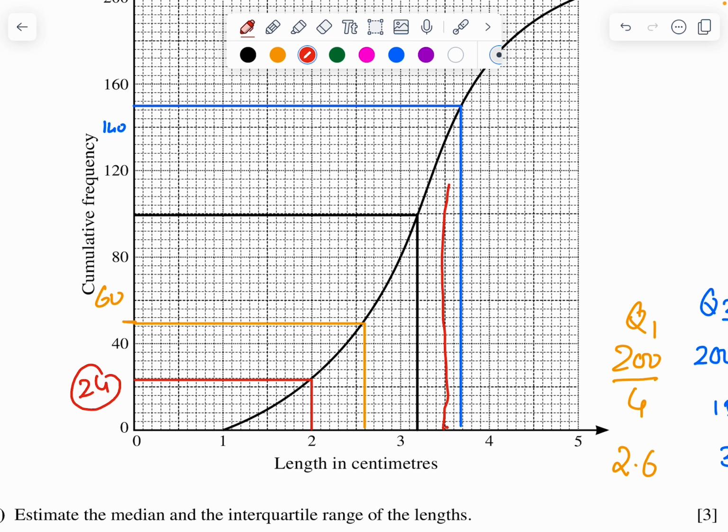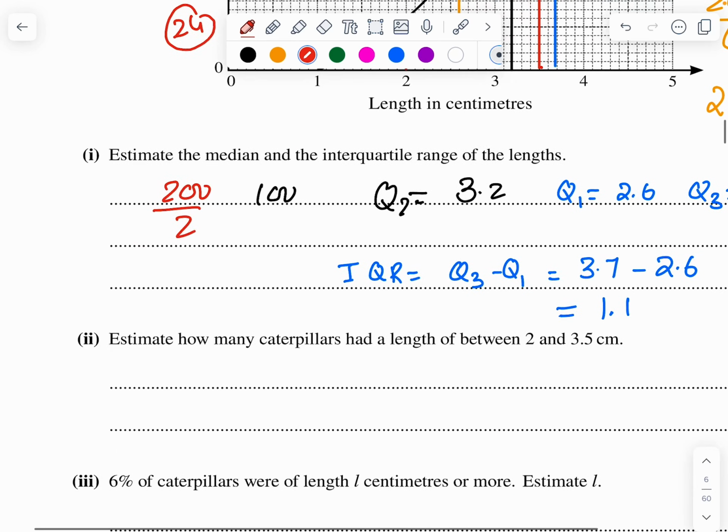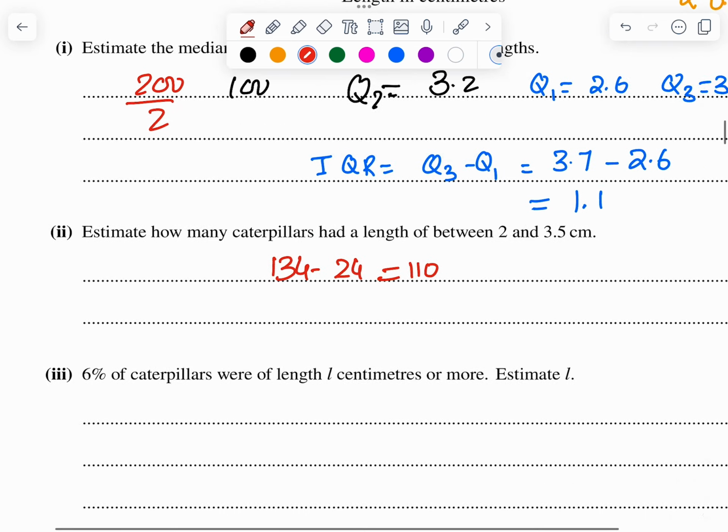From 3.5, draw the line, hit the graph and bring it over here. It's going to be 134. Be careful and see that it is 134. So it's going to be 134 minus 24, which is 110.